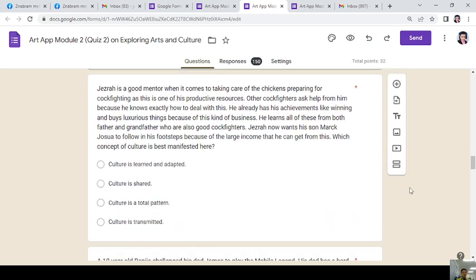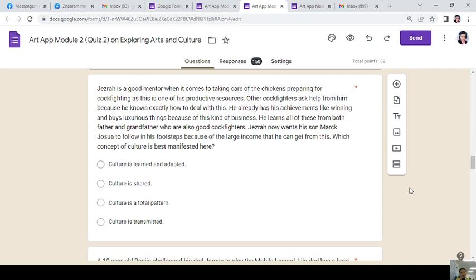Next one, Jezra is a good mentor when it comes to taking care of the chickens preparing for cockfighting, as this is one of his productive resources. Other cockfighters ask help from him because he knows exactly how to deal with this. He already has his achievements like winning and buying luxurious things because of this kind of business.